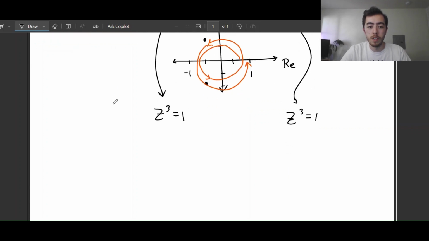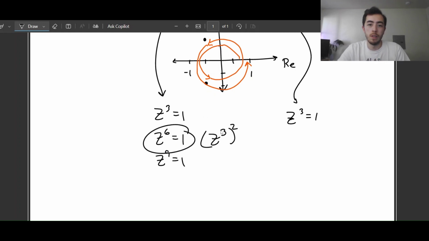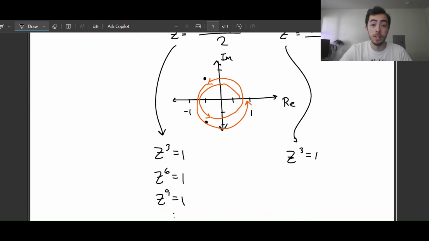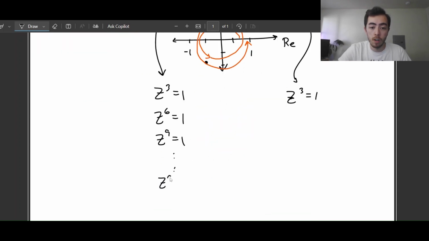And that does mean that any power of z where the power is a multiple of 3 is also just going to be another 1, because we could rewrite this as z cubed and then squared, and we know that z cubed is 1, and 1 to any power is still just 1. So all of these powers, any multiple of 3, but specifically up until 90, are all just going to be 1.